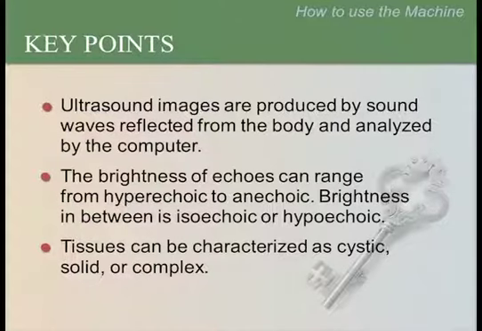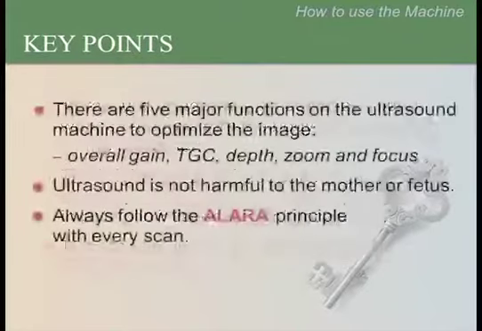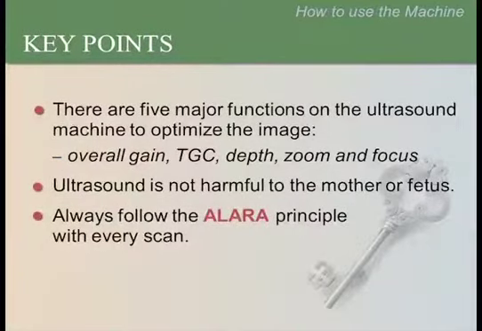Tissues can be characterized as cystic, solid, or complex. There are 5 major functions on the ultrasound machine to optimize the image: overall gain, time gain compensation, depth, zoom, and focus. Ultrasound is not harmful to the mother or fetus. Always follow the ALARA principle with every scan.